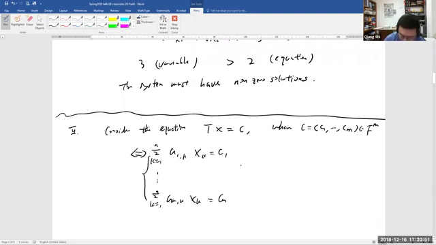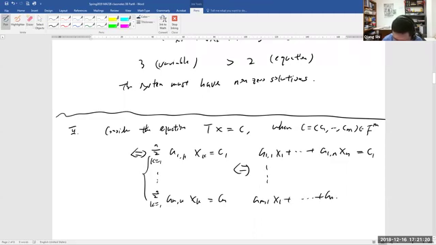Or equivalently, this is a11 x1 up to a1n xn, because x is in Fn here, equal to c1, and then am1 x1 up to amn xn is equal to c_m.